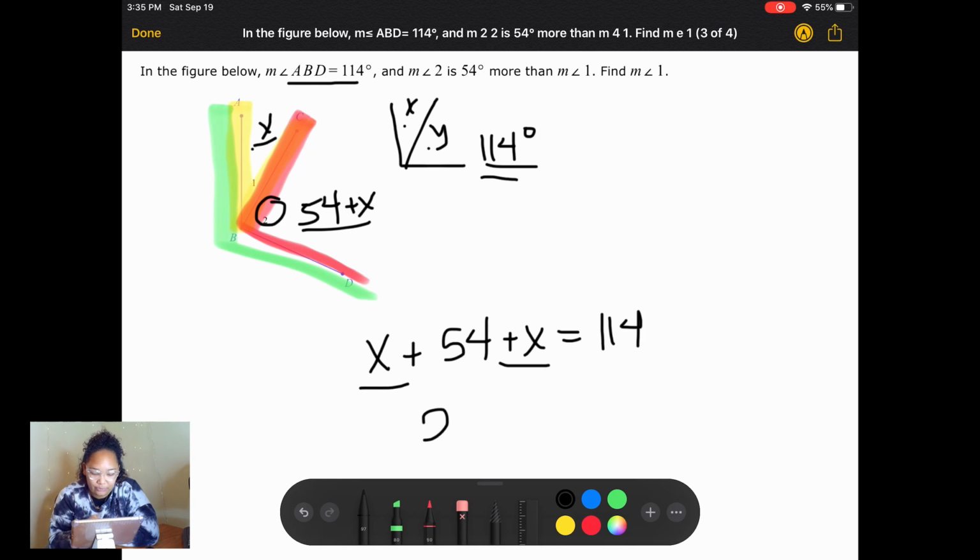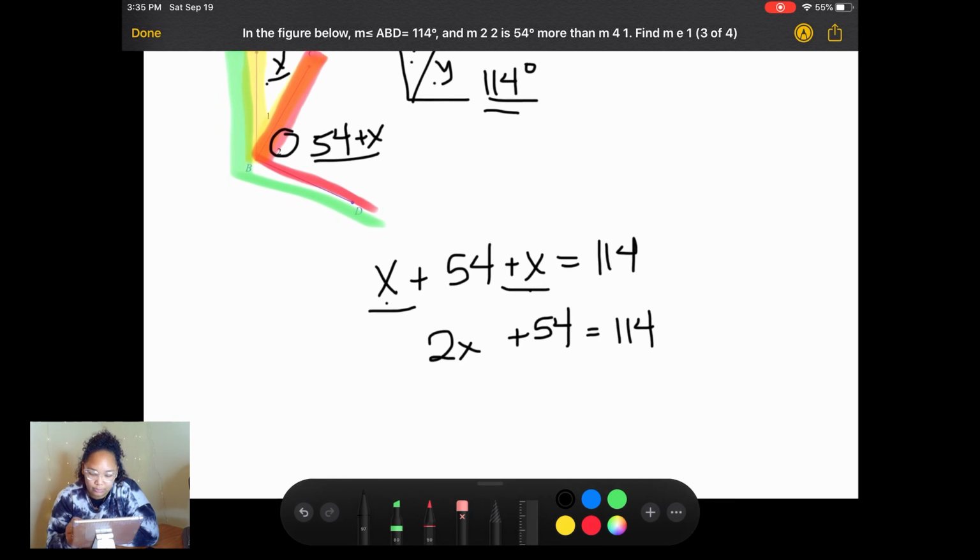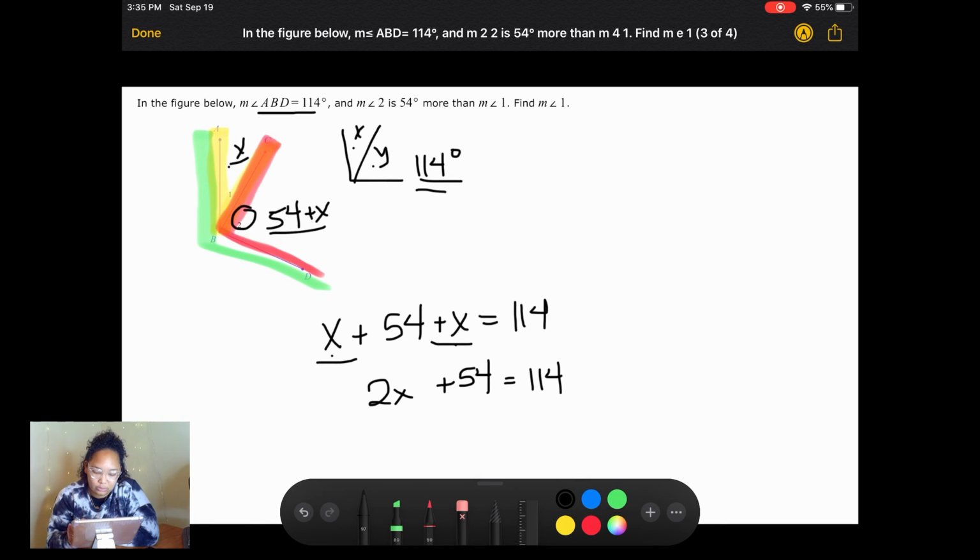Okay, so then I simplify my terms. I have 2X, right? Because if I have $1 and another dollar, that's $2. Same with X's. And then plus 54 equals 114. Okay, I'm going to move my 54 to the other side so I can have X by itself, right? So I'm going to say minus 54.